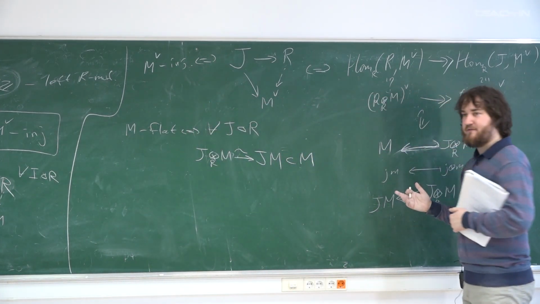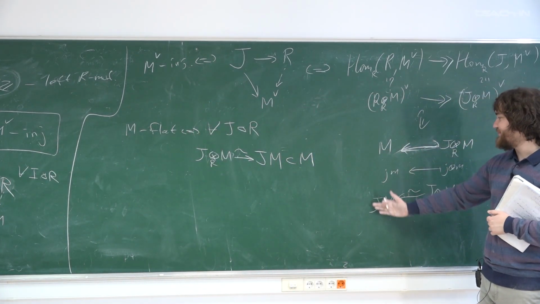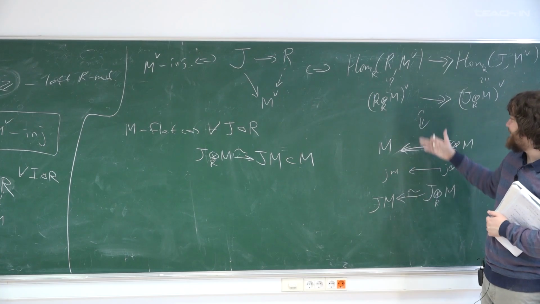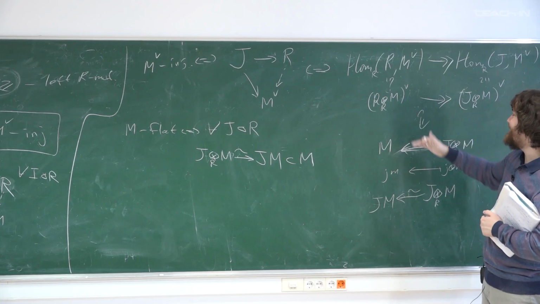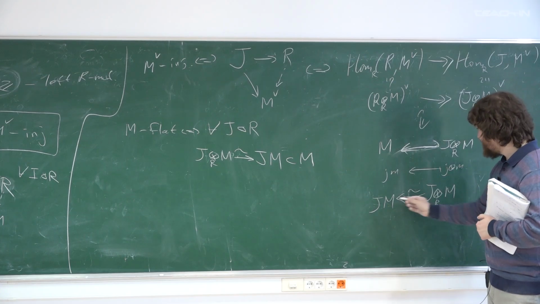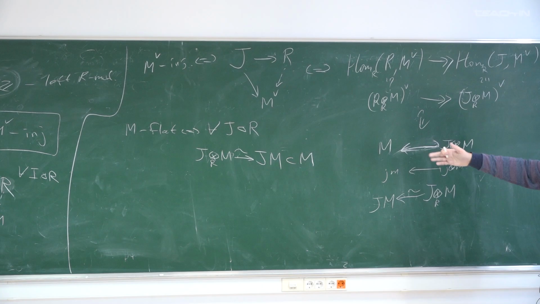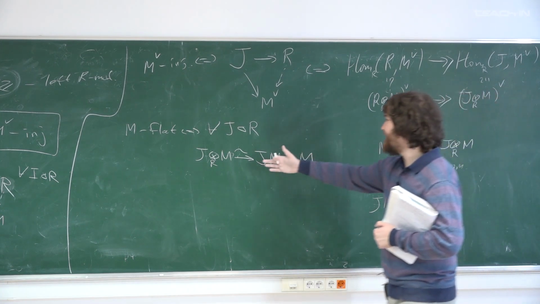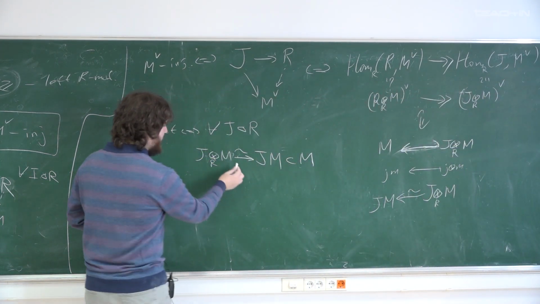Because it's always surjective, its image is just the module generated by these things. And the criterion is injectivity; surjectivity is always true. So the criterion is isomorphism onto this submodule, or injection to M.